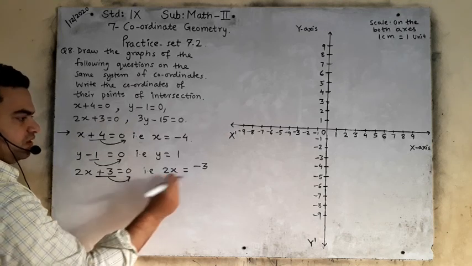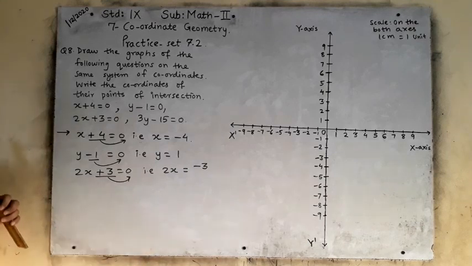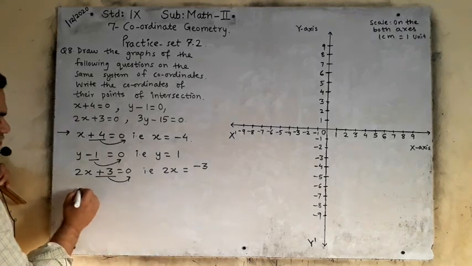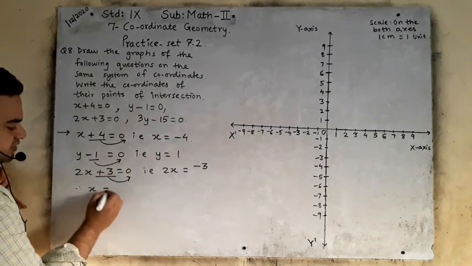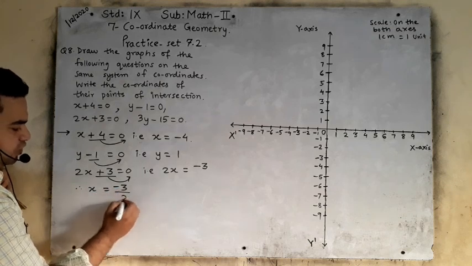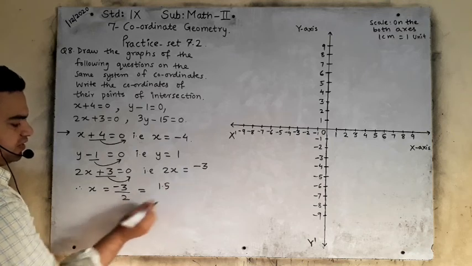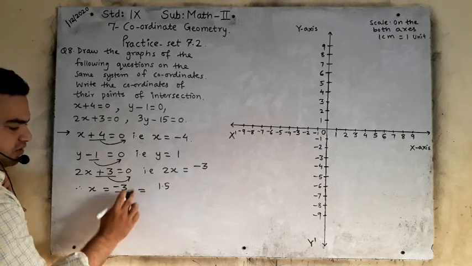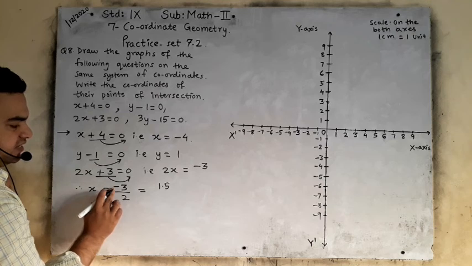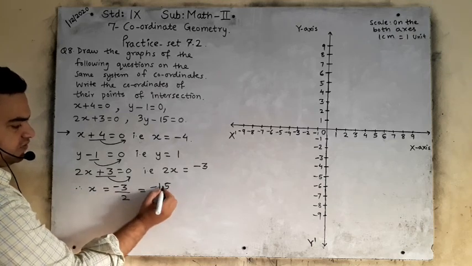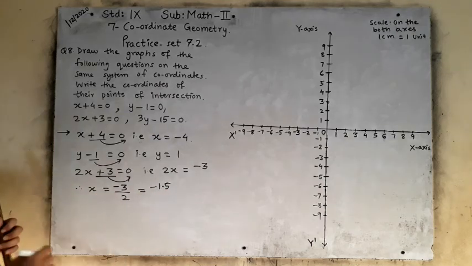So this 2 will go to the right hand side and divide minus 3. Therefore x is equal to minus 3 upon 2, which is 3 by 2, that is 1.5. But see, the numerator is negative, so the answer will also be negative. It will be minus 1.5. Is it clear?